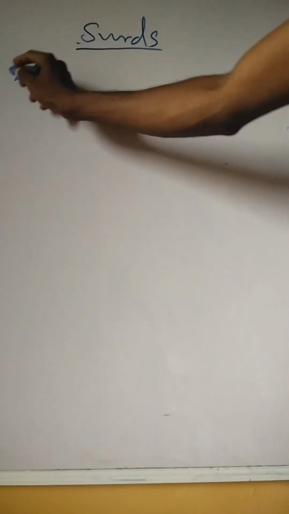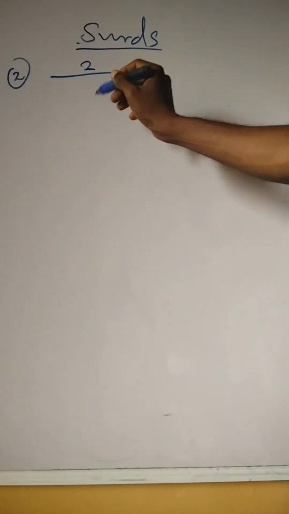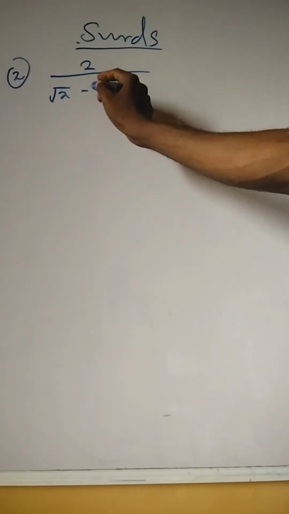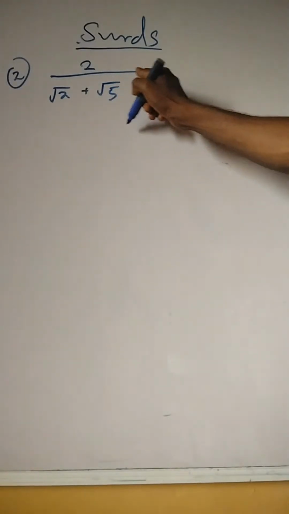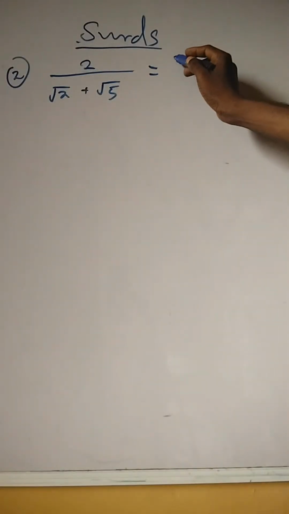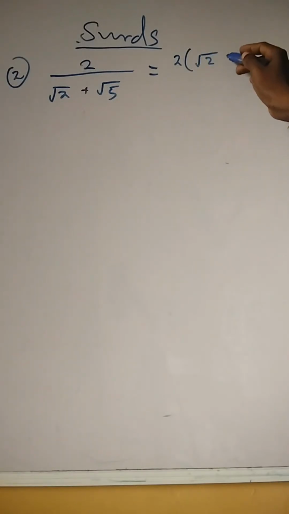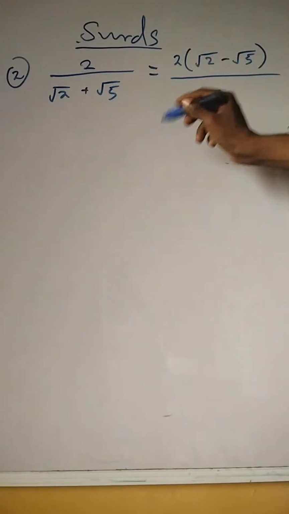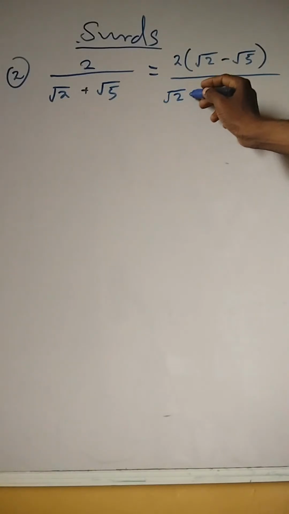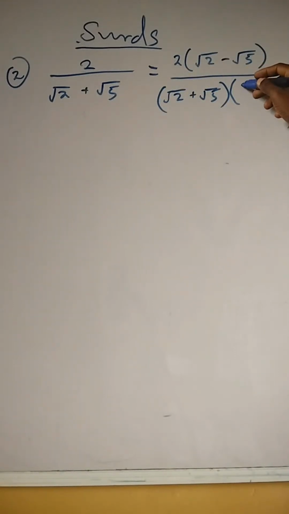That is, we have 2 over root 2 plus root 5. Also, when we rationalize here, we multiply the numerator and denominator by the conjugate of the denominator. That is, here we have 2 times the conjugate, that's 2 into bracket root 2 minus root 5. Then divide by, also multiply this by the conjugate, which implies you have root 2 plus root 5, also multiplied by the conjugate, which is root 2 minus root 5.